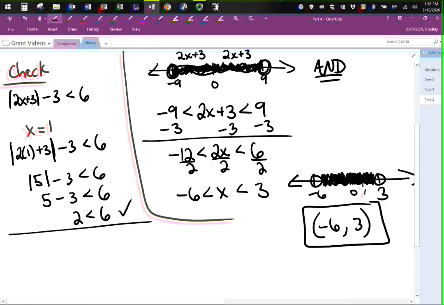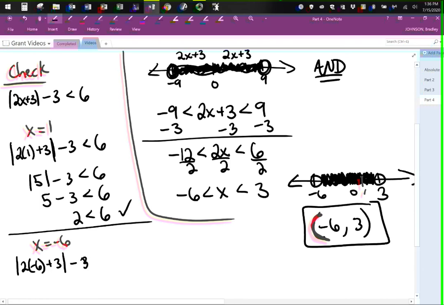Let's demonstrate negative 6. Let's take x equals negative 6. Now we know negative 6 is not part of the solution. We put parentheses at negative 6 for a special reason, because if we tried to solve this, let's put 2 times negative 6 plus 3 within the absolute value bars.